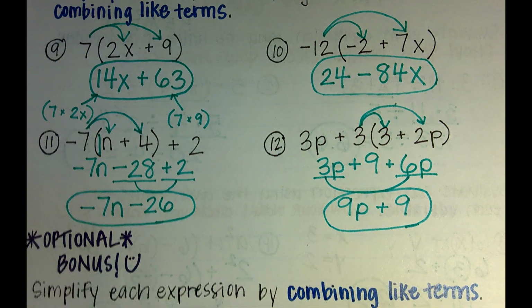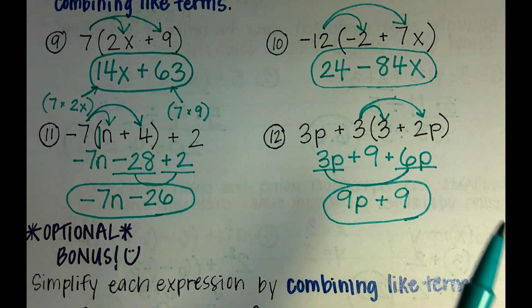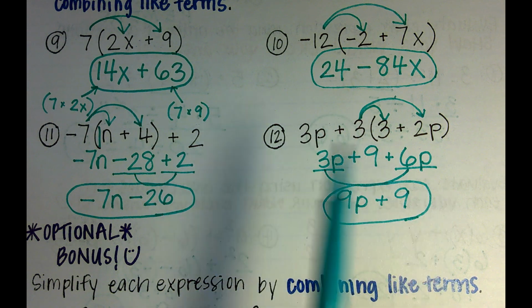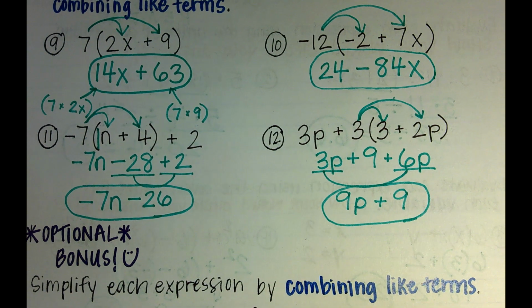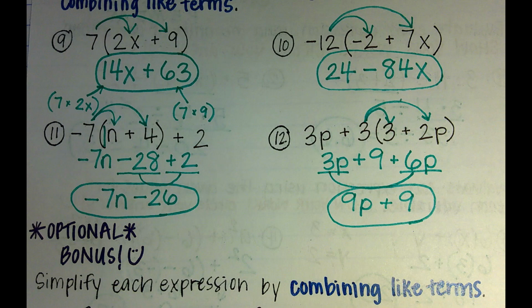Do we have any questions about number 12? Any part of it we're not sure where it came from? I see a few of us squinting. Is it because I need to zoom in or is it because we're confused? I'm sorry, that's the worst.